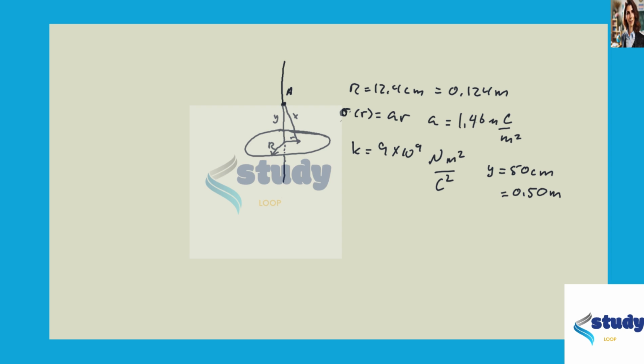Okay, so the voltage or the potential at A is going to be given by an integral. It's actually a double integral. We have a theta integral. We're basically going to be in polar coordinates here.